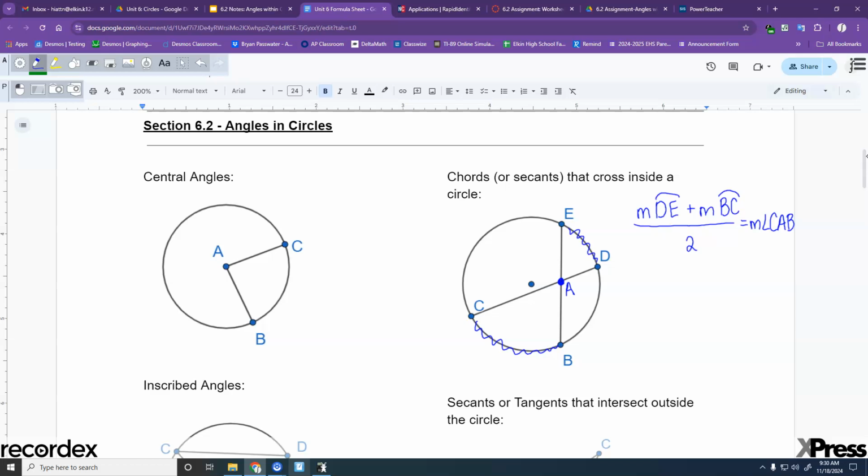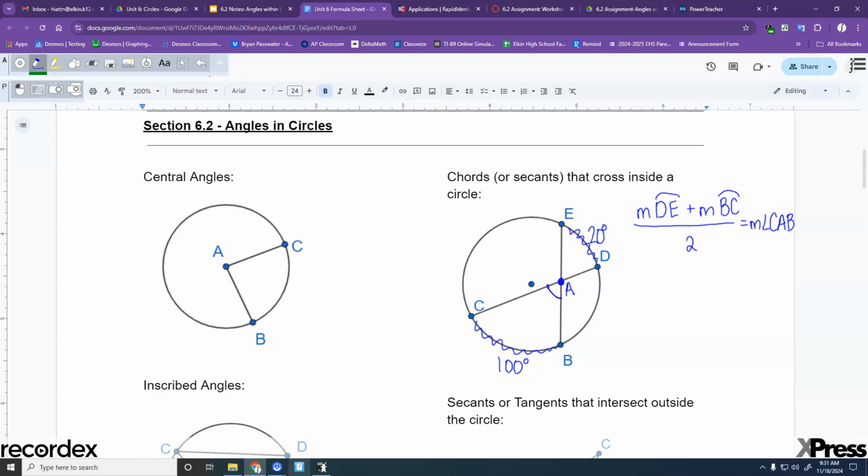Now, if we do an example of this one, we could maybe say that DE is 20 degrees and BC is 100 degrees.